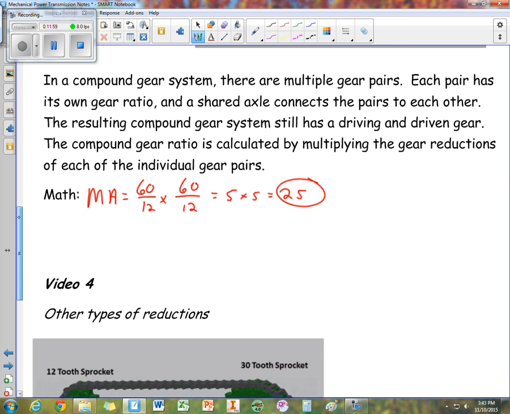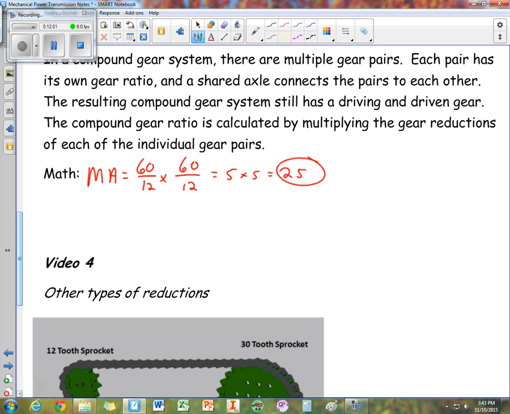So if I were to have a single 393 motor attached to this, what I would have then would be the output torque equals the input torque times mechanical advantage. So that would be our 1.67 Newton meters, that's for the 393 motor, times 25. So that gives me an output torque of 41.75 Newton meters. Much, much greater.